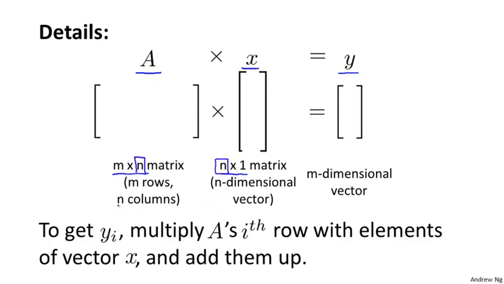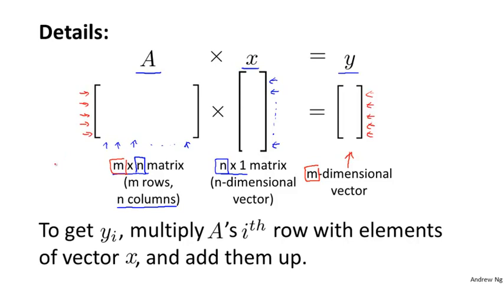In other words, the number of columns in this matrix, n columns, has to match the number of rows here. It has to match the dimension of this vector. And the result of this product is going to be an m dimensional vector y. In other words, the number of rows in y, m, is going to be equal to the number of rows in this matrix A.